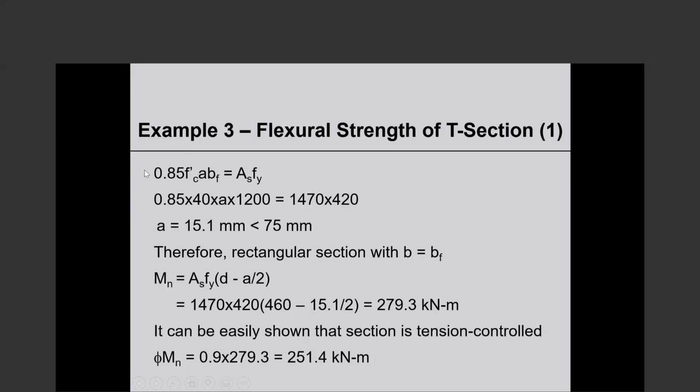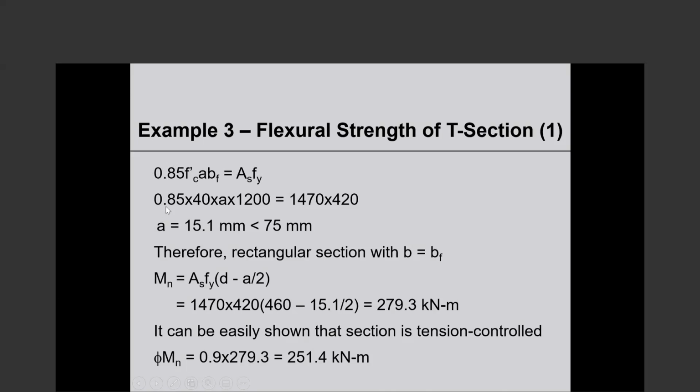So if the neutral axis depth is no more than the flange thickness, then 0.85 f sub c prime, this is the uniform compression across the stress block, times the stress block depth times the effective flange width, is equal to the tensile steel force.